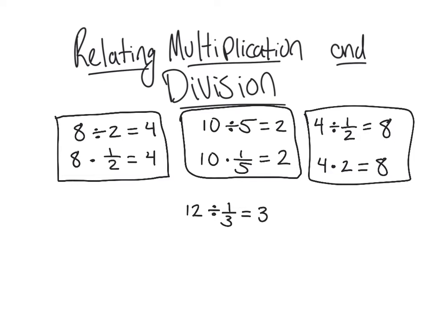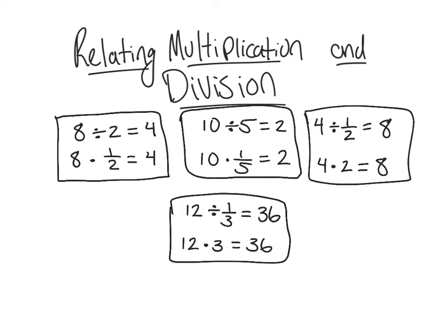So 36. And basically what I did to figure that out is I did 12 times 3 equals 36. Because if I had 12 wholes all cut up into 3 pieces each, we have 36 pieces.